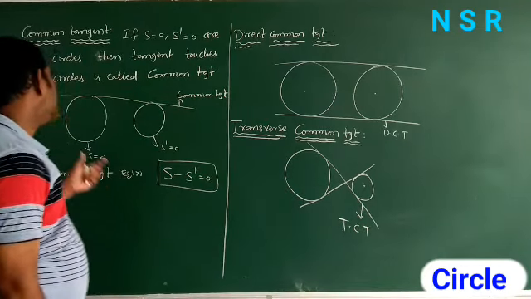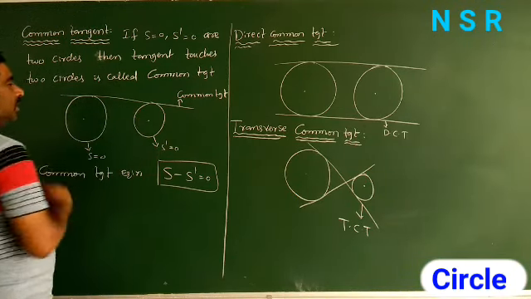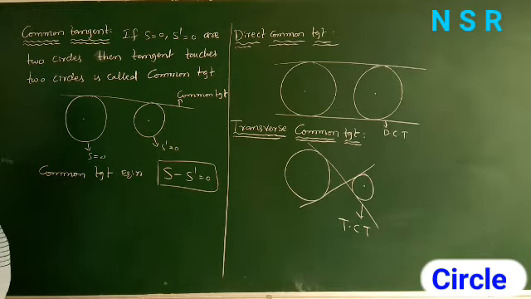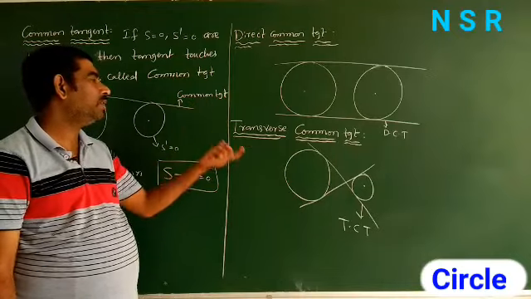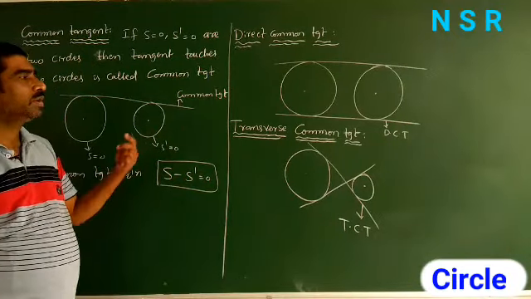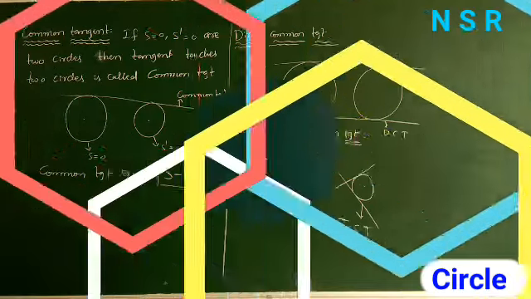So common tangent means a tangent that touches two circles. We have two types of common tangents, one is direct and the other is transverse. Direct means the tangent touches the circles on the same side, transverse means the tangent touches the circles on different sides.